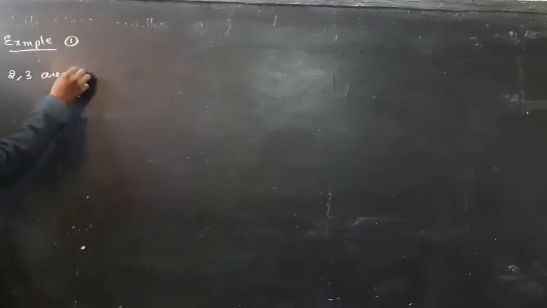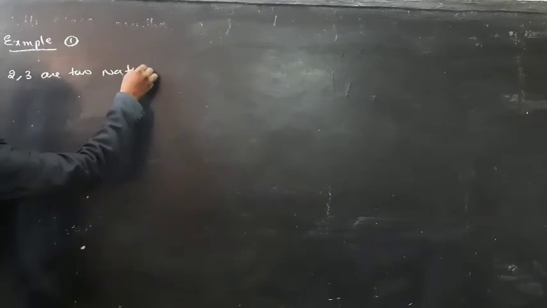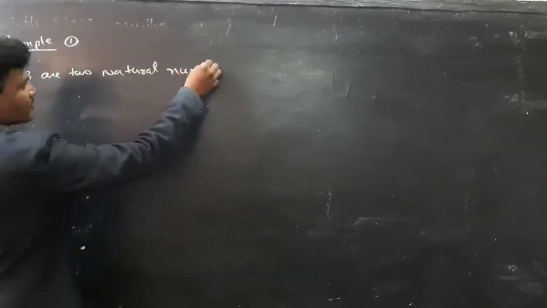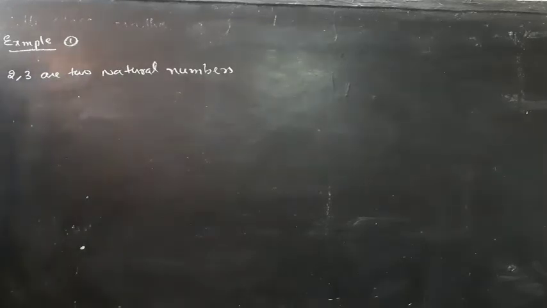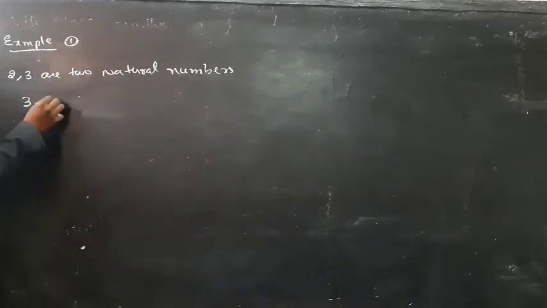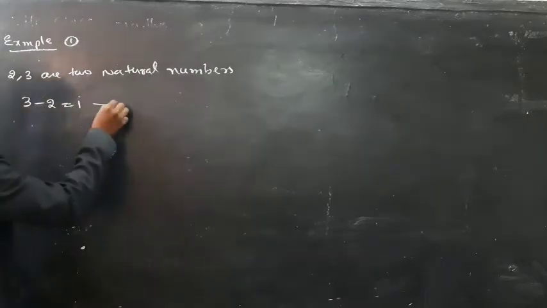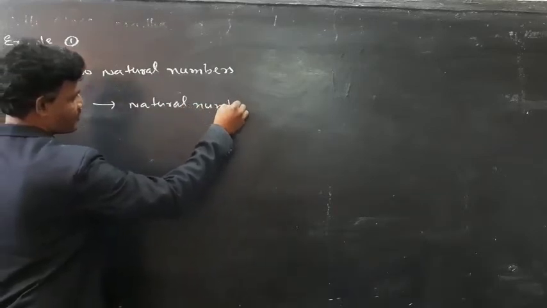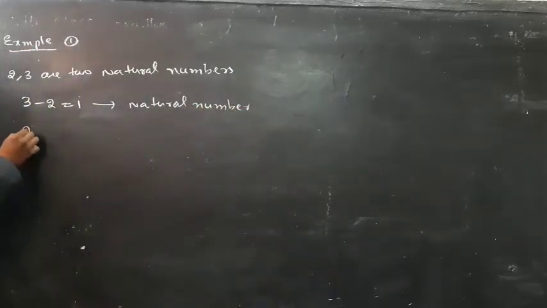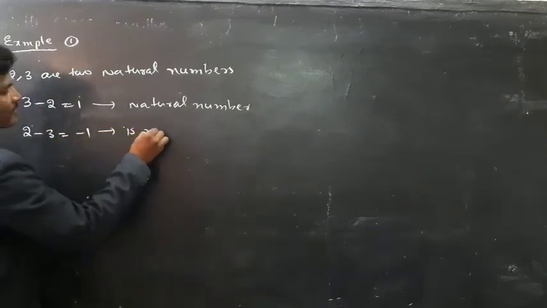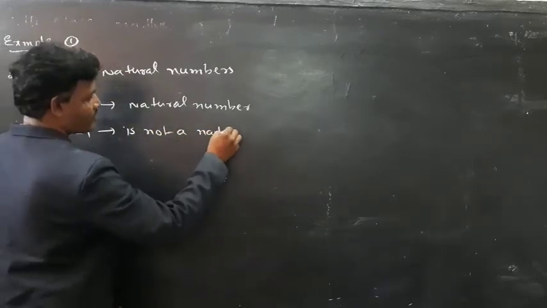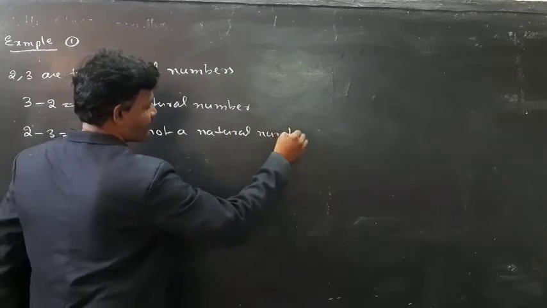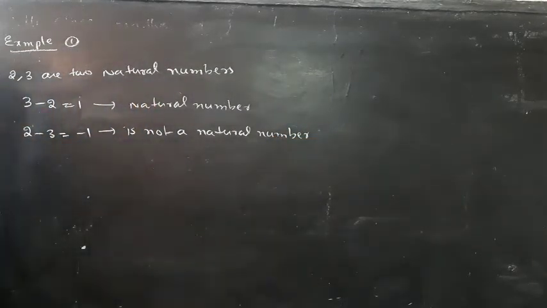Example 1. 2 comma 3 are two natural numbers. Then first of all, 3 minus 2 is equal to 1. It is a natural number. But 2 minus 3 is equal to minus 1, not a natural number.